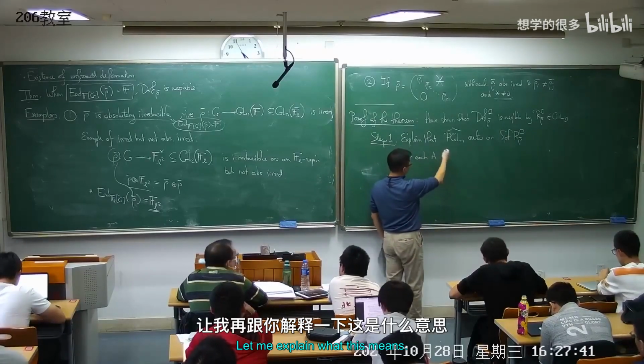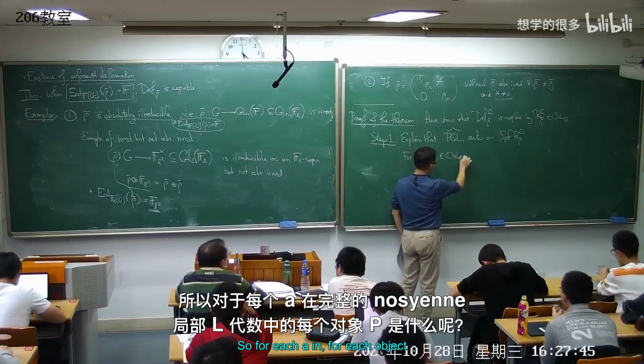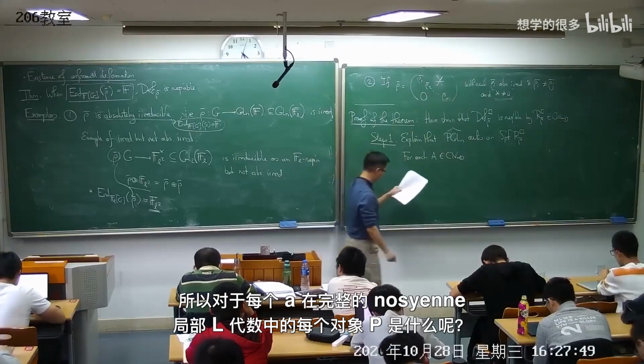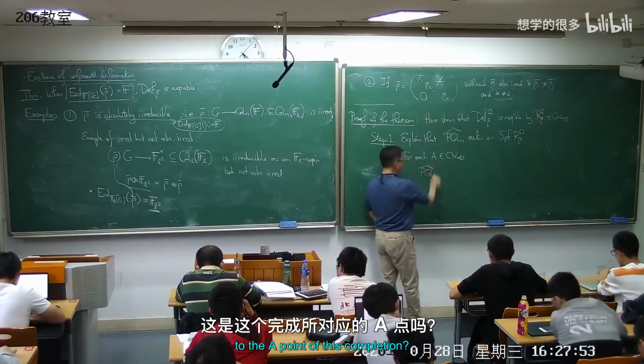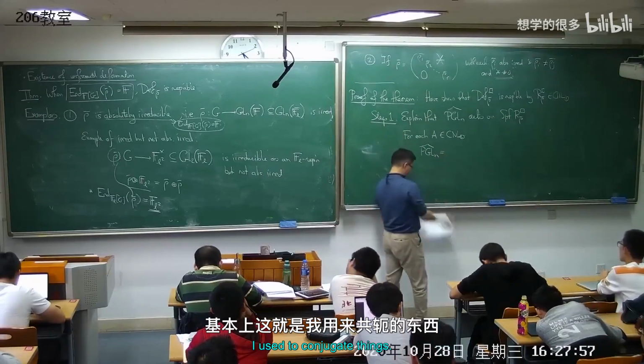Let me explain what this means. So for each object A in the complete Noetherian local O-algebras, what is PGL? The A point of this completion. That's basically what I use to conjugate things.